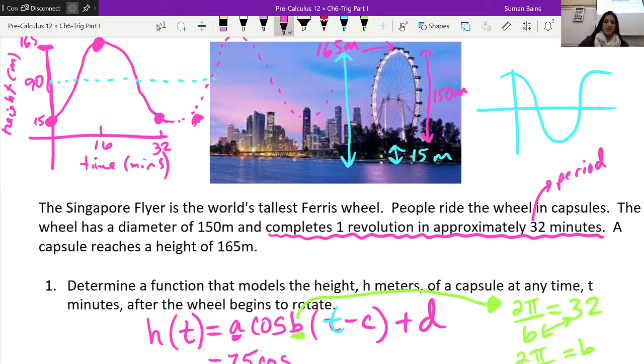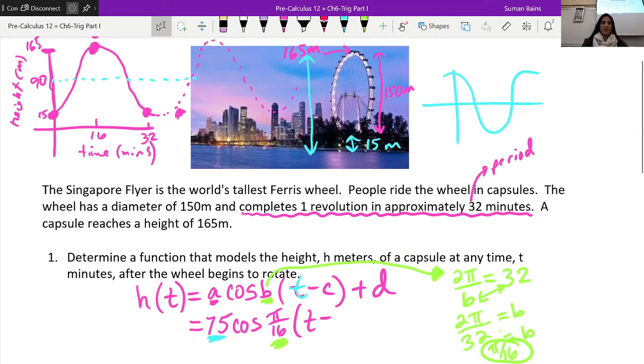So in my equation here, I can say the cosine of pi over 16, so we got it from here. I'm going to circle it here and write that there. Bracket T minus, well, what do I minus?